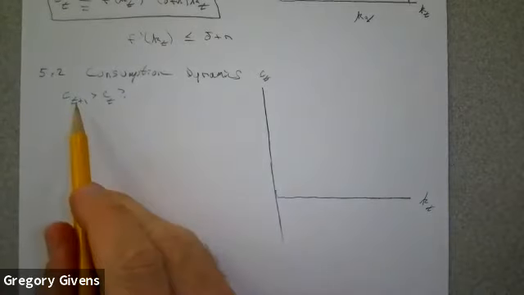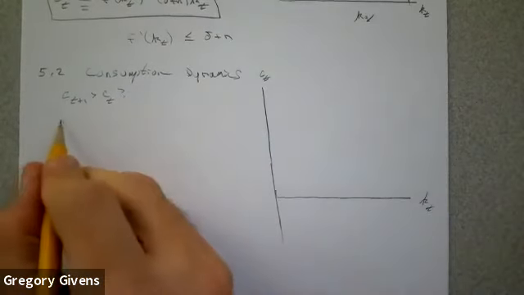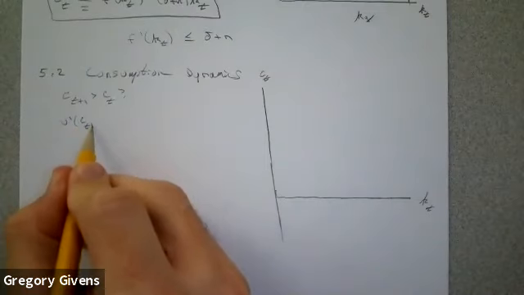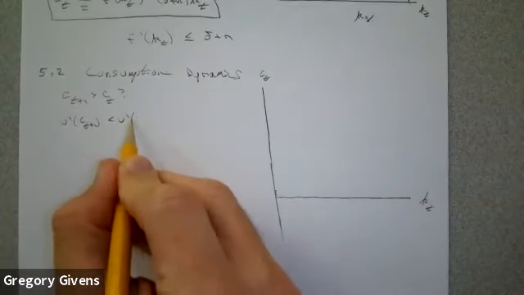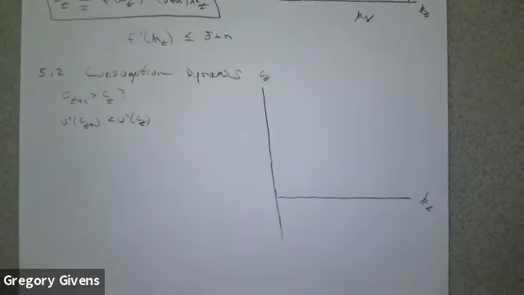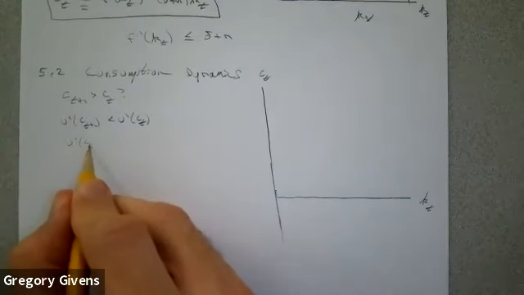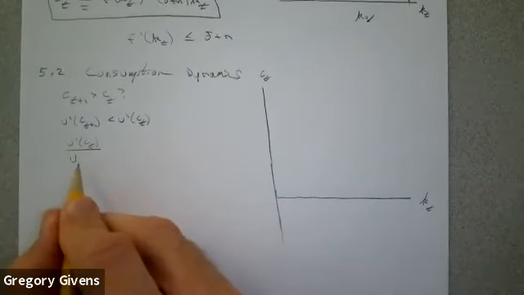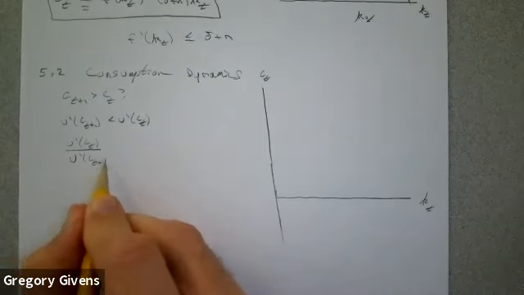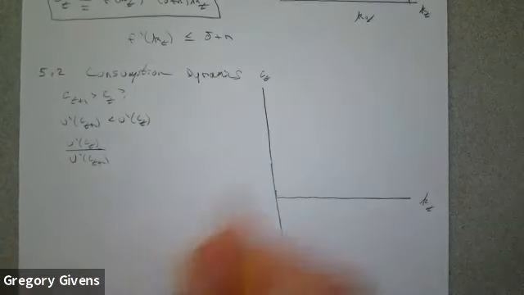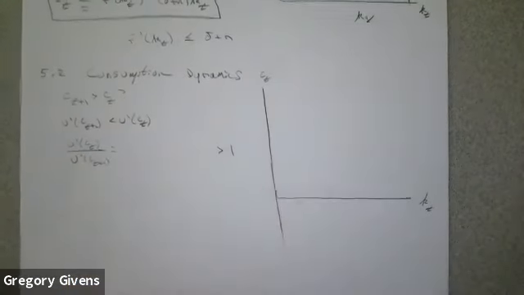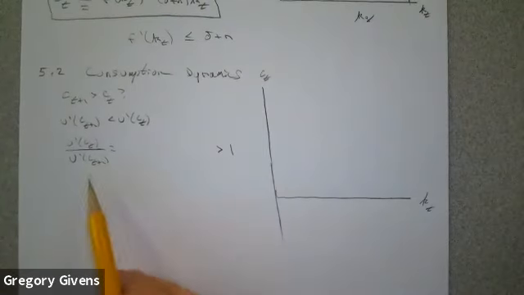Sure. If C_{t+1} is bigger than C_t, then that means u'(C_{t+1}) is less than u'(C_t), right? Because the utility function is strictly concave. Well, that means u'(C_t) over u'(C_{t+1}) has to be bigger than 1.